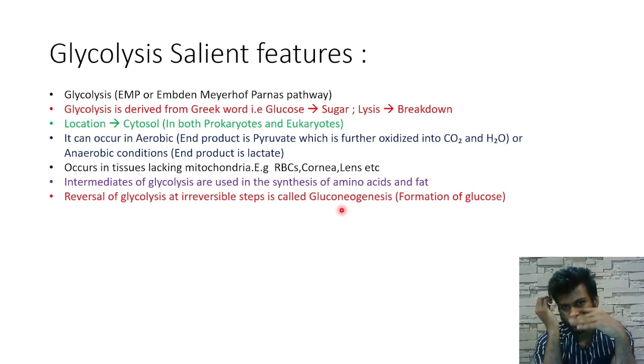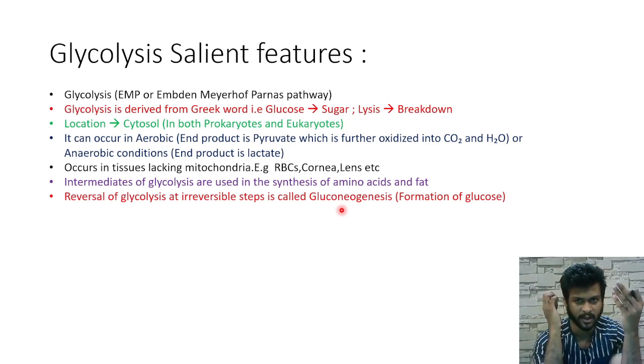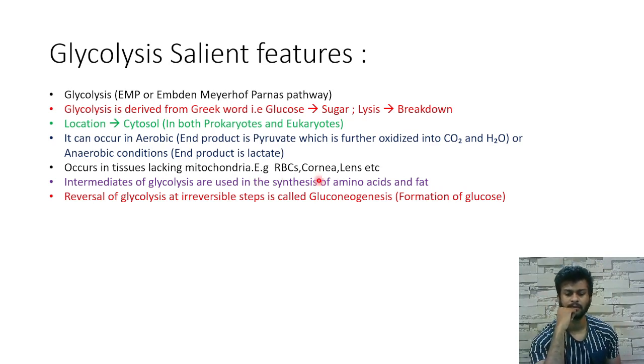So if we bypass those irreversible steps, we will get glucose again, that is, there will be formation of glucose. In glycolysis, there is breakdown of glucose, but in gluconeogenesis, when we bypass those irreversible steps, we move towards glucose. We will understand it when we study gluconeogenesis.